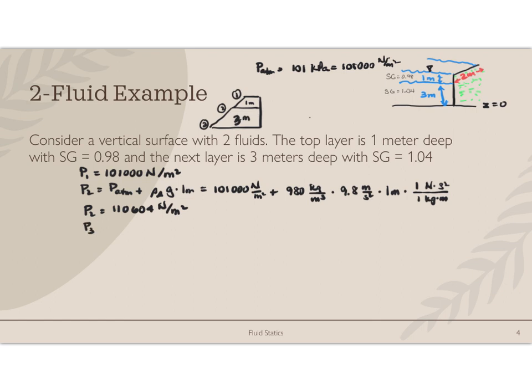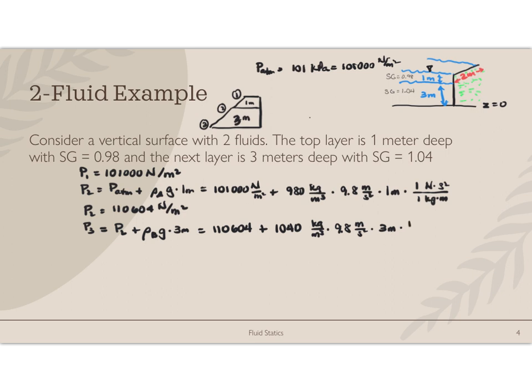P3, similarly, is going to be P2, what's at the top there, plus the density for layer B times G times 3 meters, which in this case is our answer we just got, plus 1,040 kilograms per cubic meter times 9.8 meters per second squared times 3 meters.